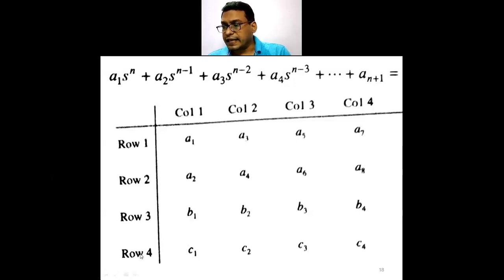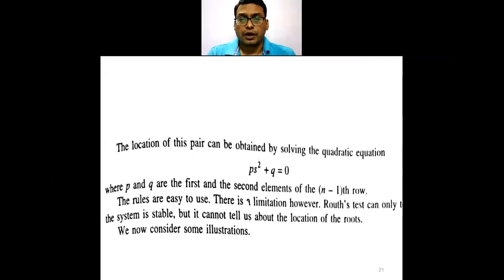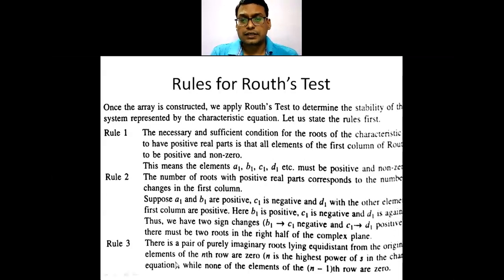Then I calculate Ps squared plus Q, whose solution gives the location of the pair, obtained by solving this characteristic equation. That is, there is a pair of purely imaginary roots lying equidistant from the origin when the elements of the nth row are 0 while none of the elements of the n minus 1th row are 0.